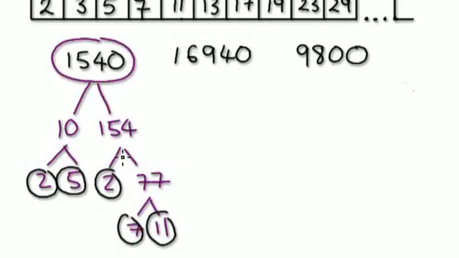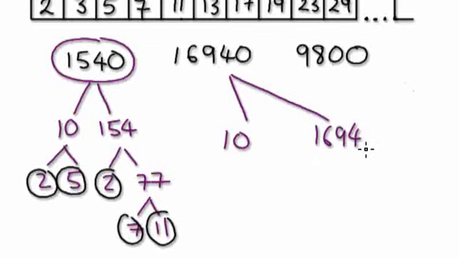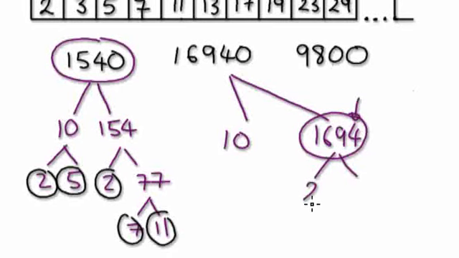Okay, so we've done it for this number. Let's try and break up this number here. Again, we're going to visualize it as 10 times 1694. Now, it's an even number, so let's break it up as 2 times 847.